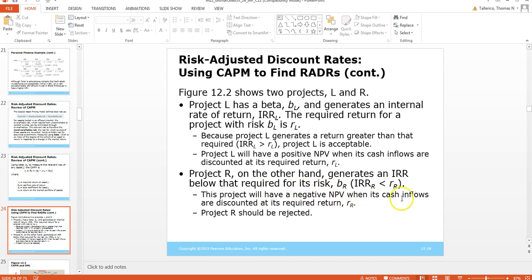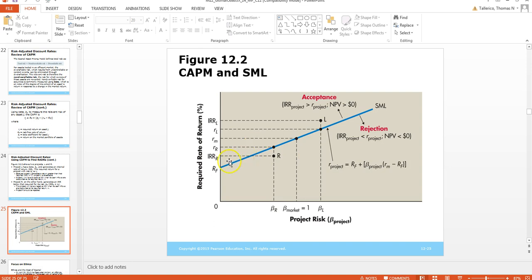All right. So if we go back and look, here is the security market line, and you'll notice you accept any project above this line, right? The net present value is greater than 0, right? Here's the beta of the market. The beta of the market is always 1. That would be the S&P 500, right?